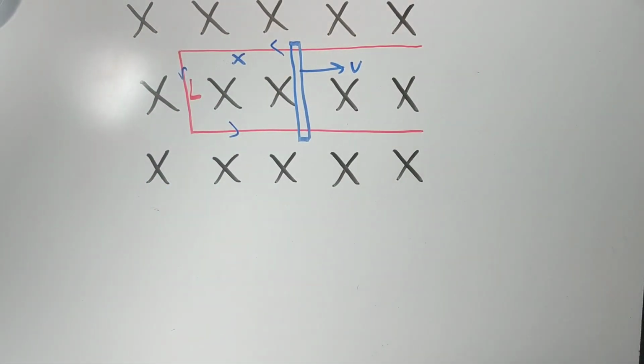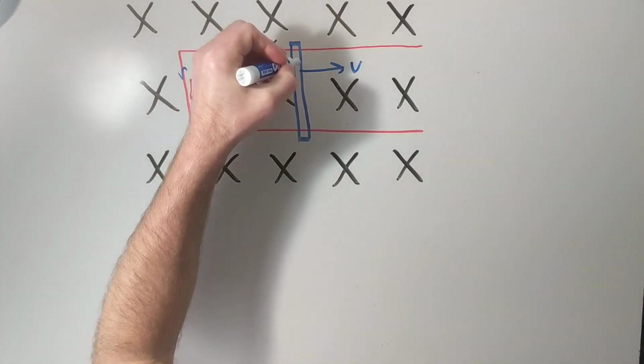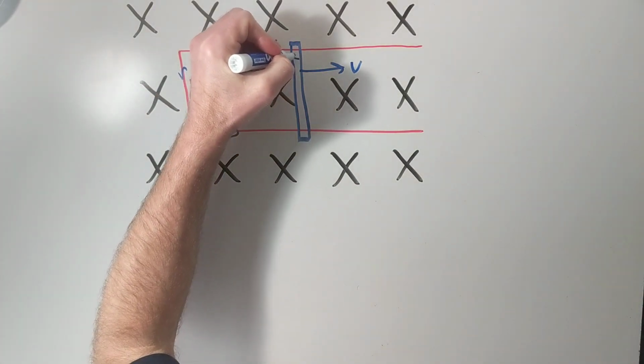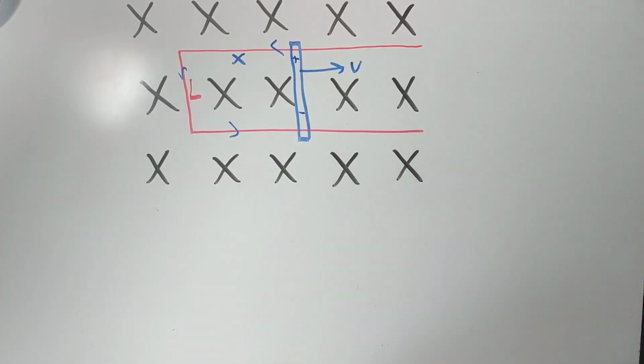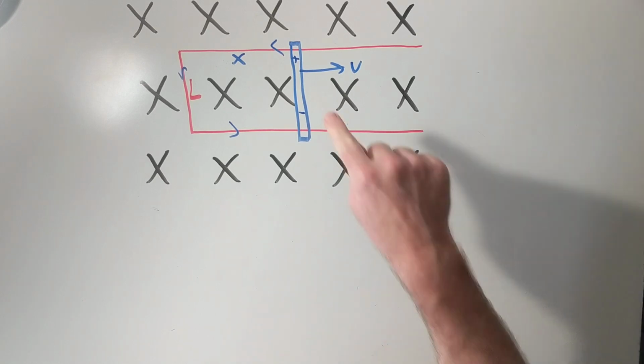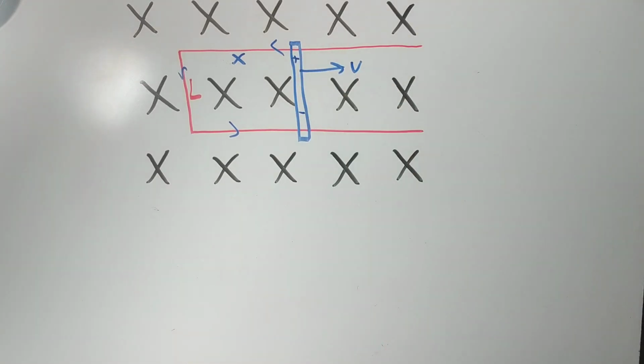But there should be another way to verify this, to make sure that it is actually going to flow that way. One quick way to think about it is, inside this wire there are going to be positive charges and negative charges. If I took this wire and brought it to the right, I'm moving this positive charge to the right.